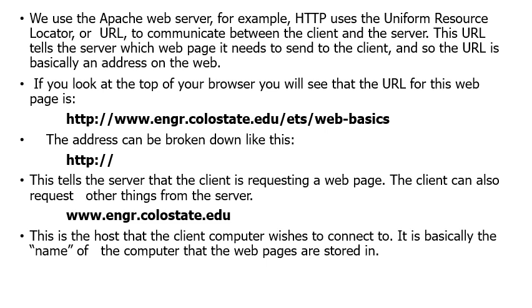When the client gives the URL, it tells the server which web page it needs to send to the client. So the server side will understand from this URL which page has to be sent. The URL is basically an address on the web. If you look at the top of the browser, every page has a URL.